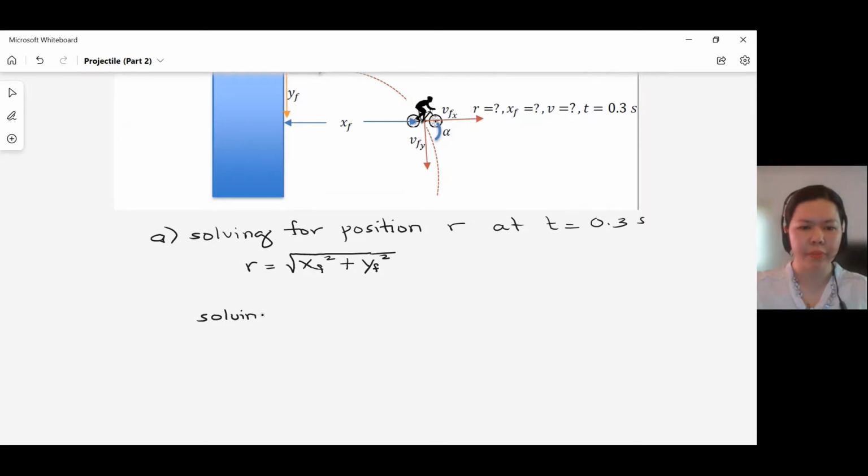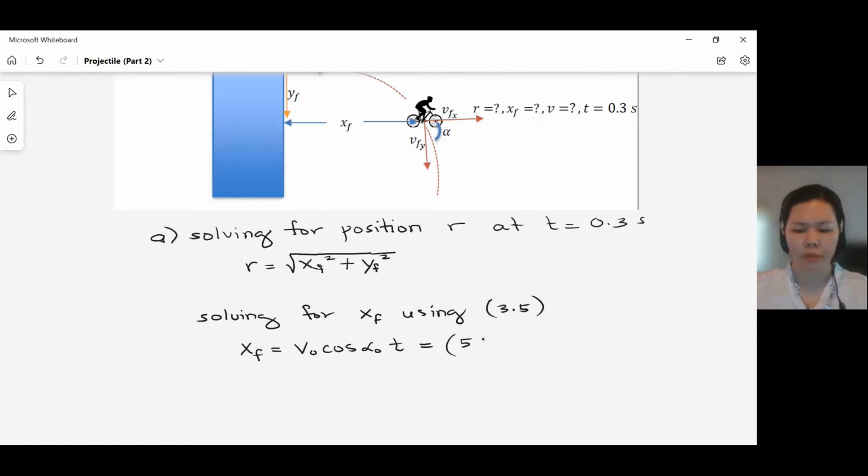Solving for xf, or the final horizontal position, at t equals 0.3 second, using (3.5). We have xf is equal to v naught cosine alpha naught t. So we substitute.